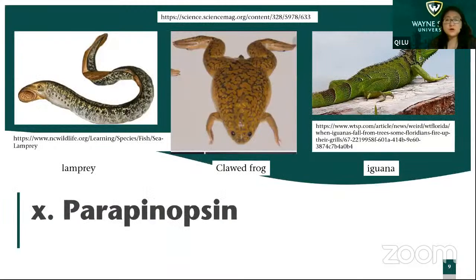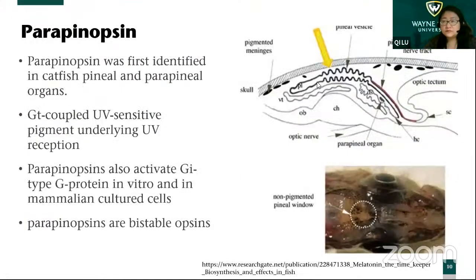First, we're going to talk about parapinopsin. Parapinopsins were found in the lamprey, in the frog, or other vertebrates. It was first identified in catfish.